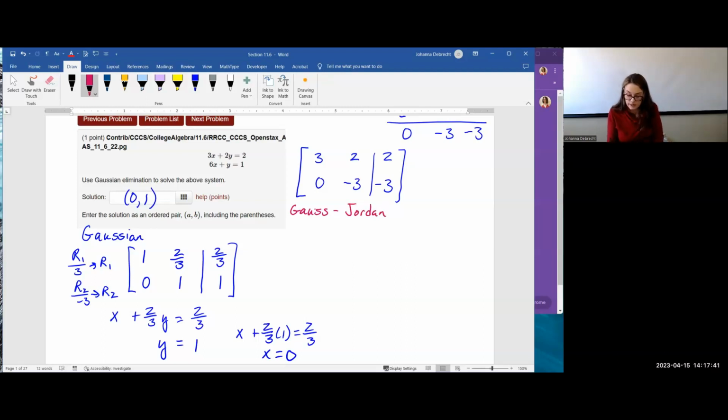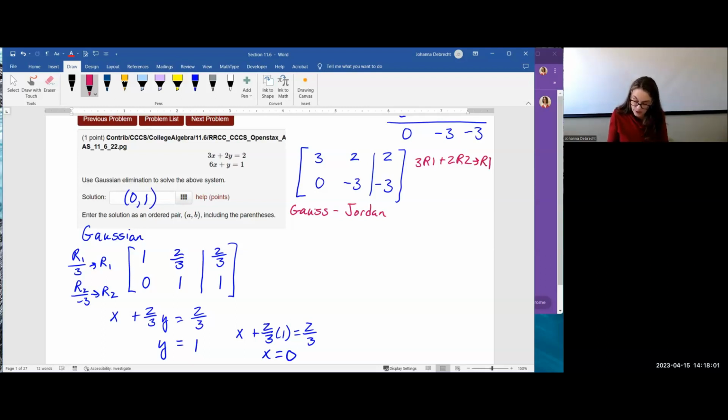So I would, in this case, take 3 times row 1 plus 2 times row 2. I don't want it to go into row 2. That'll mess up that 0 that I worked so hard to get. I want to get rid of the 2 in row 1. So this goes back into row 1.